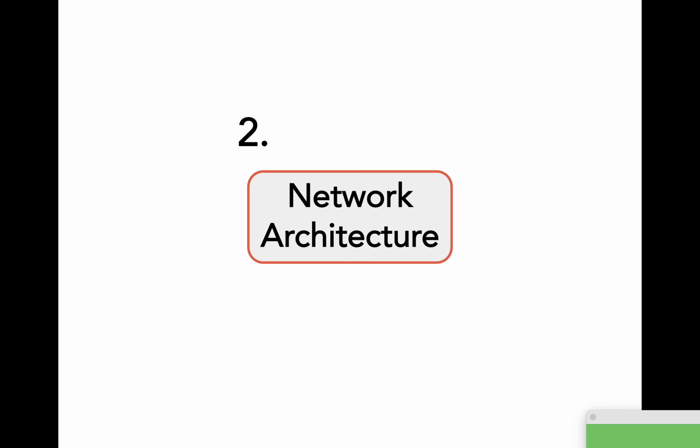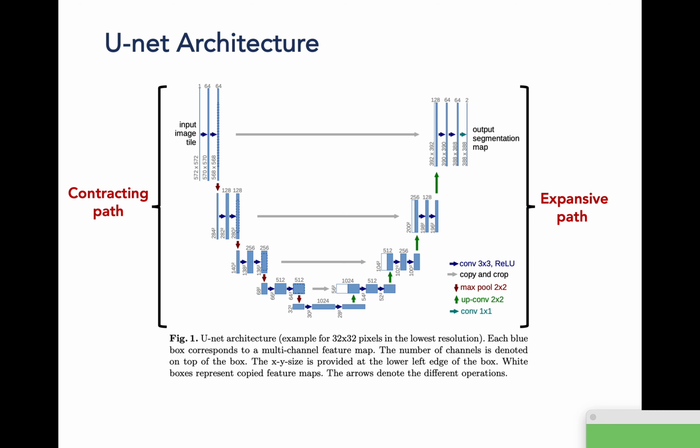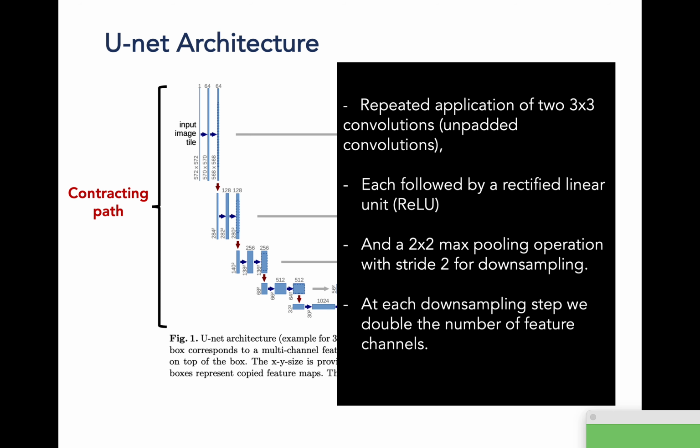when we start talking about the loss function. But now let's go to the network architecture. The network architecture has a U-shaped architecture, as I have said. We have a contracting path and an expansive path. We have a repeated application of two 3x3 convolutions. Again, it's unpadded, a valid convolution, and you can see that in the blue arrows. Each of the two 3x3 convolutions is followed by ReLU.